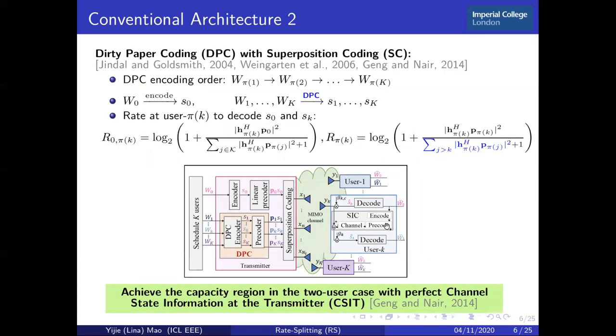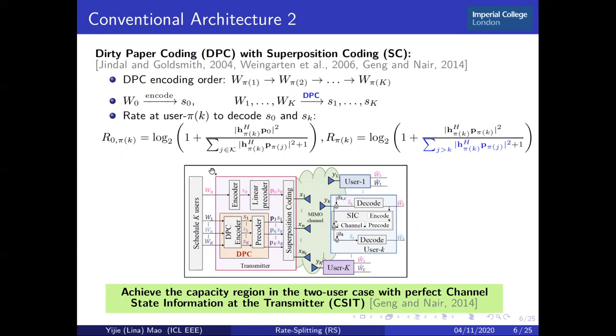There is another architecture studied in the literature of information theory. It's known as dirty paper coding with superposition coding. In this architecture, the multicast message is directly encoded into the multicast stream s0. But different from the previous MULP, the unicast messages are no longer independently encoded.